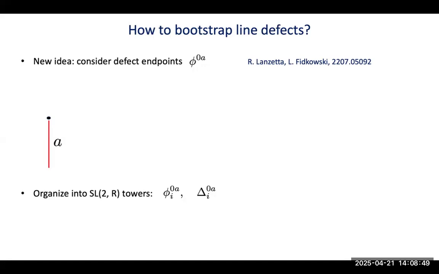Ryan initially studied such endpoint operators in 2 dimensions, where this was a monodromy defect such that the A line was topological. But what we realized now is that you can also extend this to the case when the A line is non-topological.